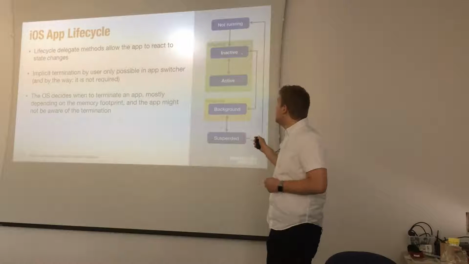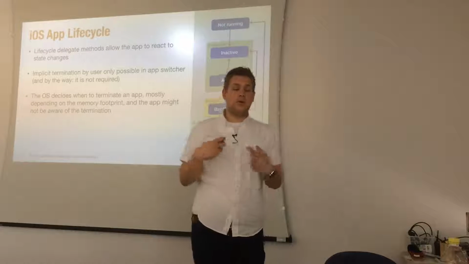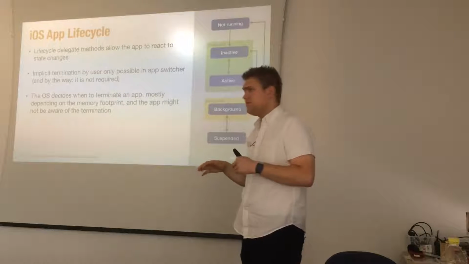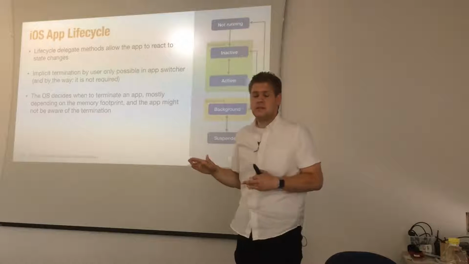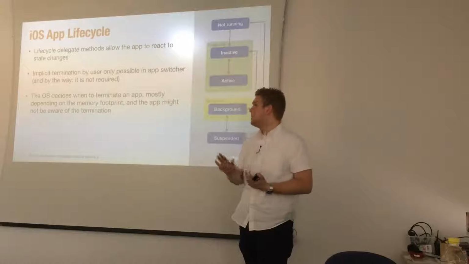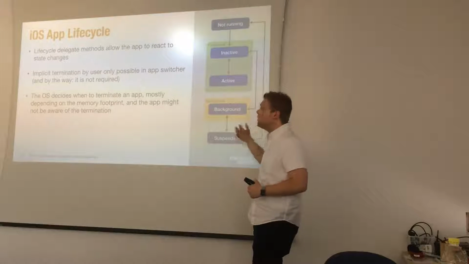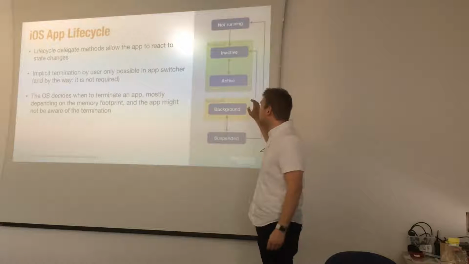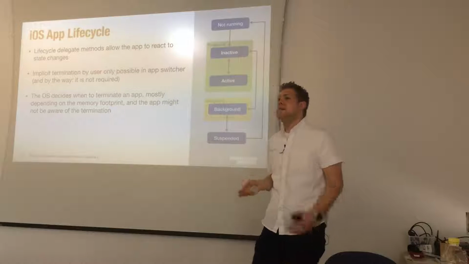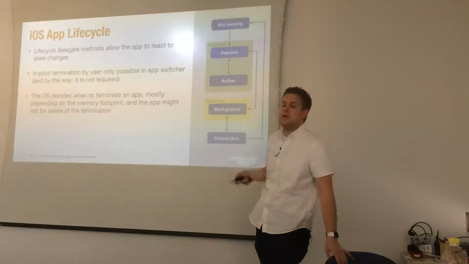So this means there is this new call in the app delegate, application did move to background, and you know, oh yeah, the form that the user currently typed in, remember this, or remember the complete state, save it into some plist file or whatever, so that you can then launch your application again in the way that the user left it last time when he entered the background mode, despite the fact that it might be completely terminated in between.